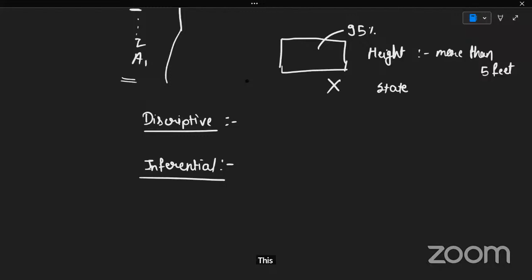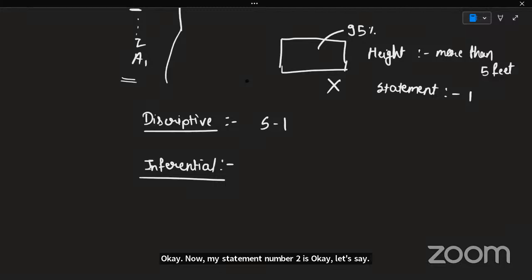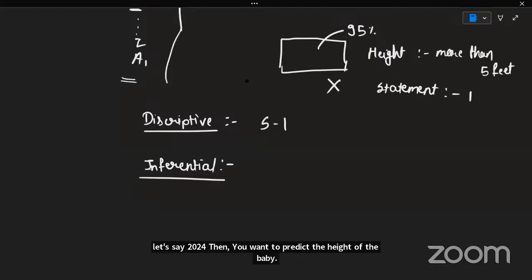Now my statement number 2 is, let's say there are 2 babies born in that town in 2024. Then you want to predict the height of the baby. What will you say?